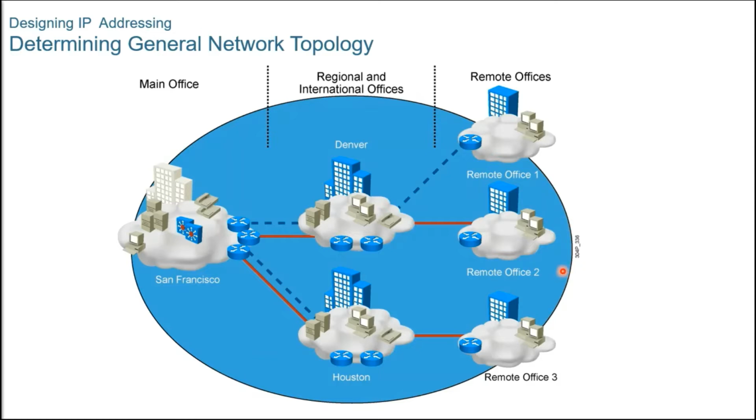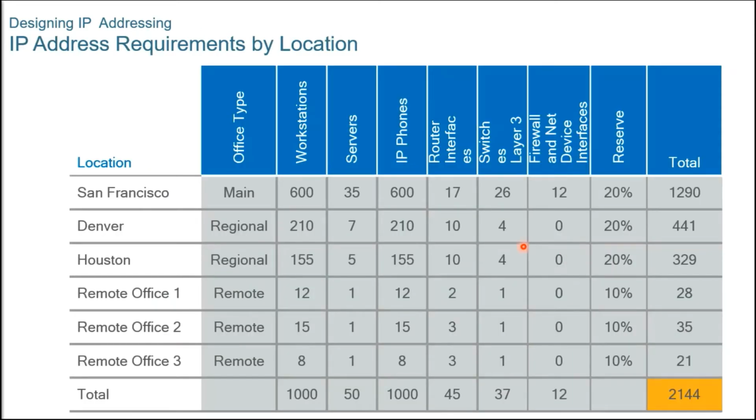For example, the network location information for the topology shown in the figure is shown in the table on the next slide. So basically, this includes the size of individual locations. The network size in terms of the IP addressing plan relates to the number of devices and interfaces that need IP addresses.